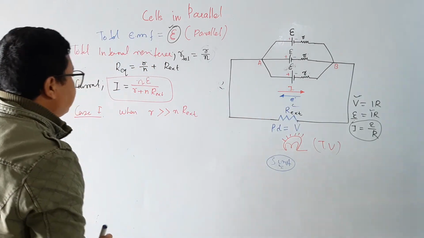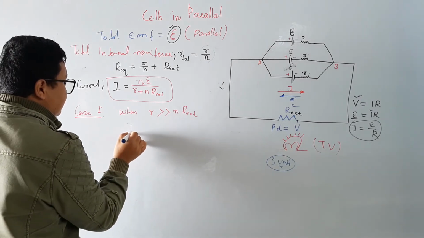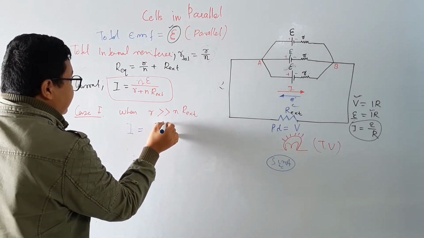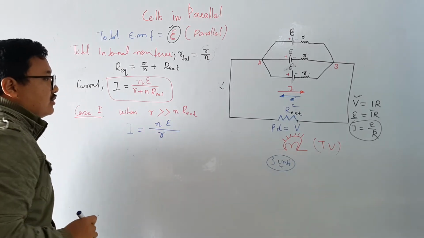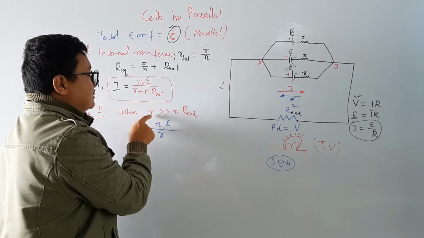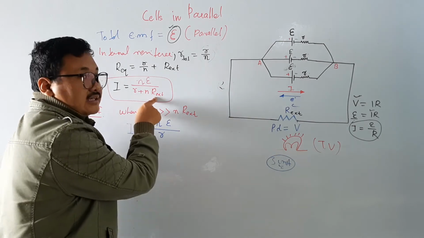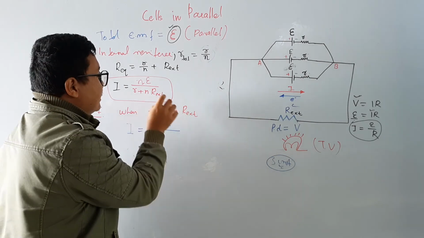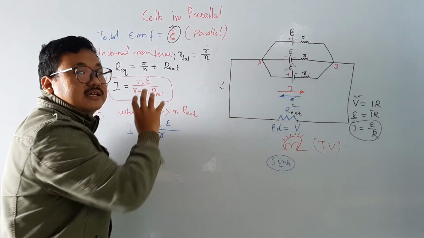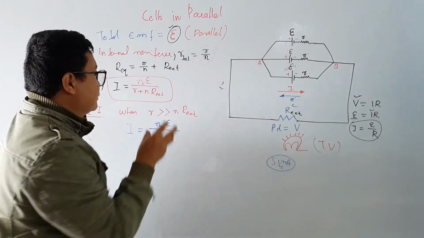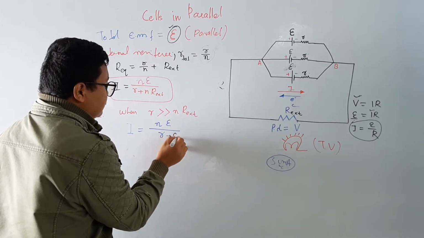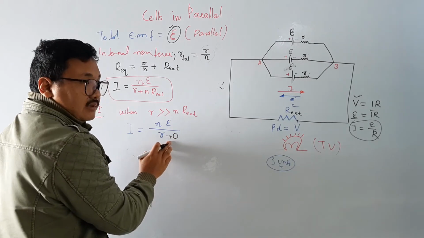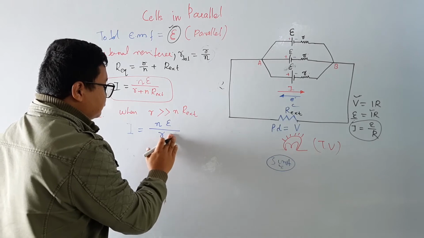Then I will get I is equal to nE divided by r. Why? Because r is very large and R external is very small, so this R external can be neglected. So this will become 0, and I don't need to write plus 0. So I got this one.